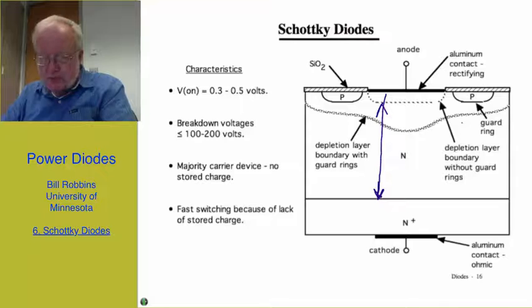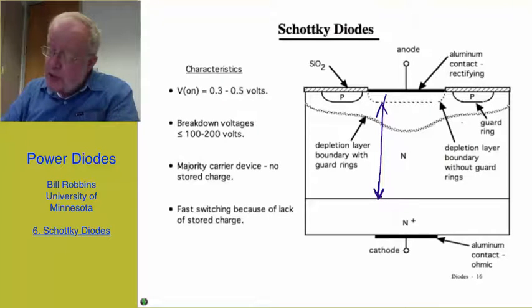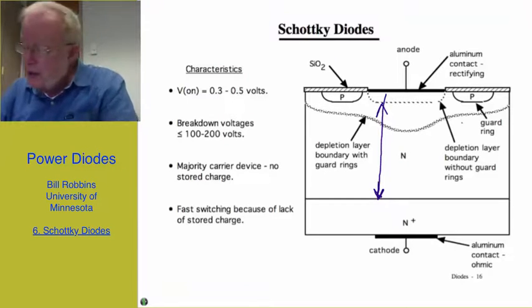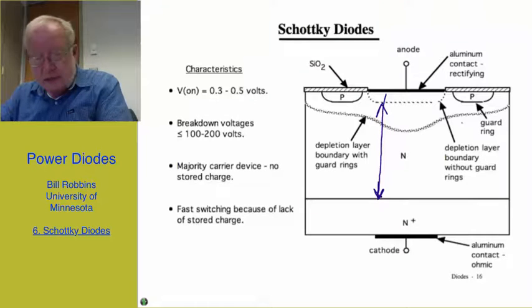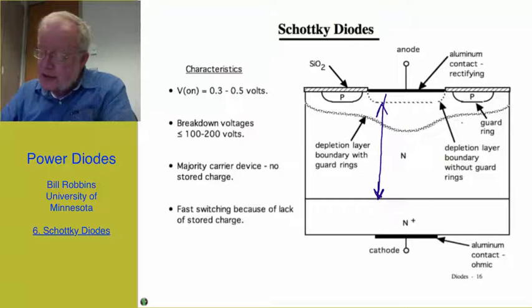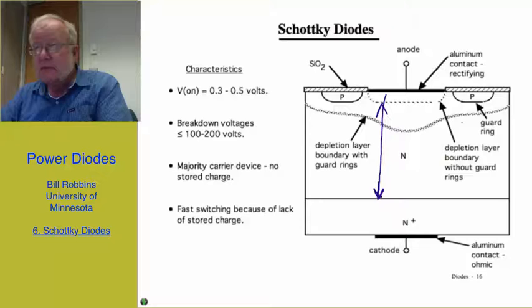There is no p-n junction. There is a depletion layer which is formed up near the anode, where we have a metal moderately doped N-type silicon interface. If that metal is aluminum or aluminum with some dopants, that forms a rectifying contact, and I'll get into why that may form a rectifying contact in just a moment. The other thing that we absolutely must have is guard rings, because at this interface we're going to have a depletion region, because the doping in the drift region now has got to be significantly higher than it is in the drift region of a p-n junction diode.